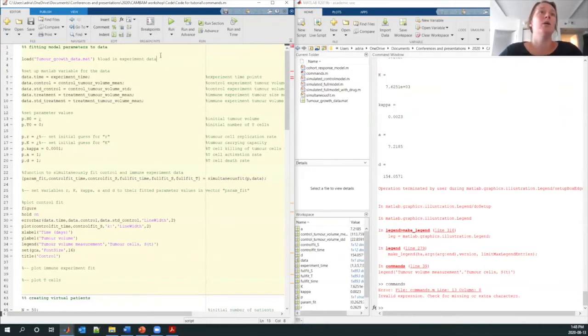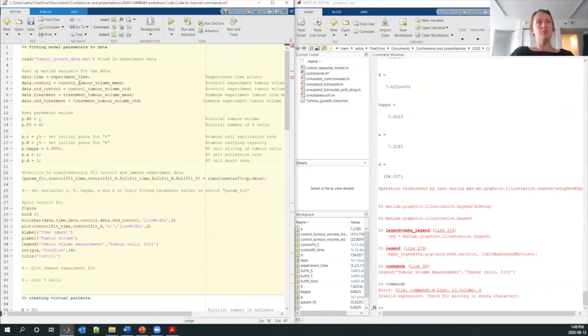Basically we're loading in the data up here. I've already pre-saved it as a map file that I'm loading in. The data is saved as experiment time, the control tumor volume mean, the control tumor volume standard deviation, the tumor volume mean under that immune treatment, and the tumor volume standard deviation. This is meant to be standard deviation, so you're going to want to correct that: the tumor volume standard deviation under treatment.